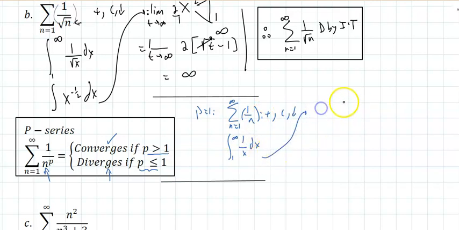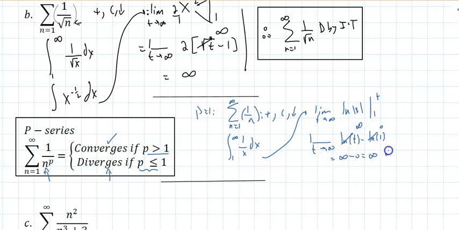That is natural log of absolute value of x, evaluated from 1 to t, taking the limit as t approaches infinity. So that is the limit as t approaches infinity of natural log of t minus natural log of 1. That's a 0, but that's infinity. And infinity minus 0 is infinity. Therefore, we know it diverges by the integral test.